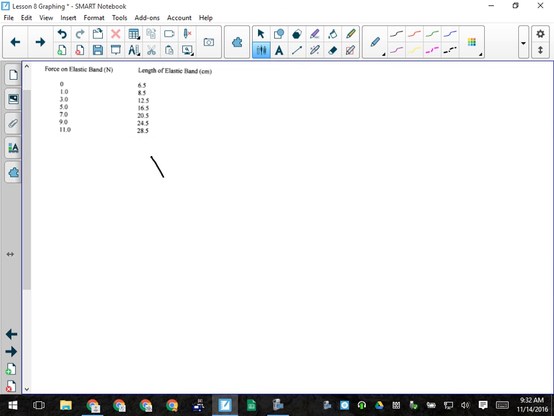The equation that Google Sheets gave us is y equals 2x plus 6.5. How long will the rubber band be when there is 20 newtons of force applied to it? Let's write this down as a sample problem.